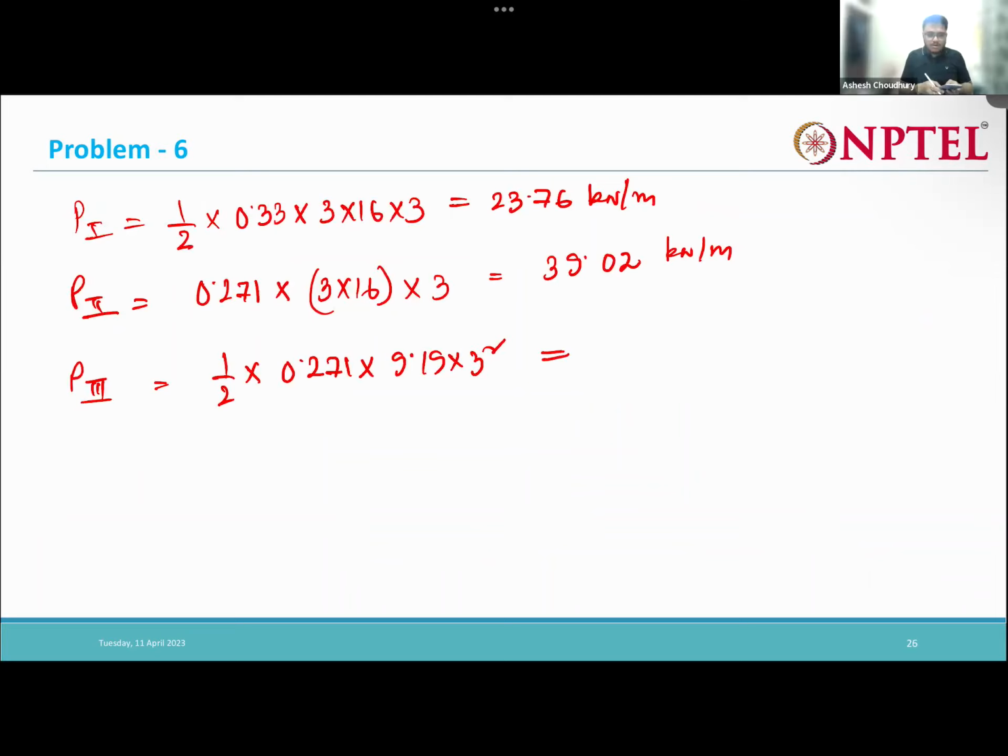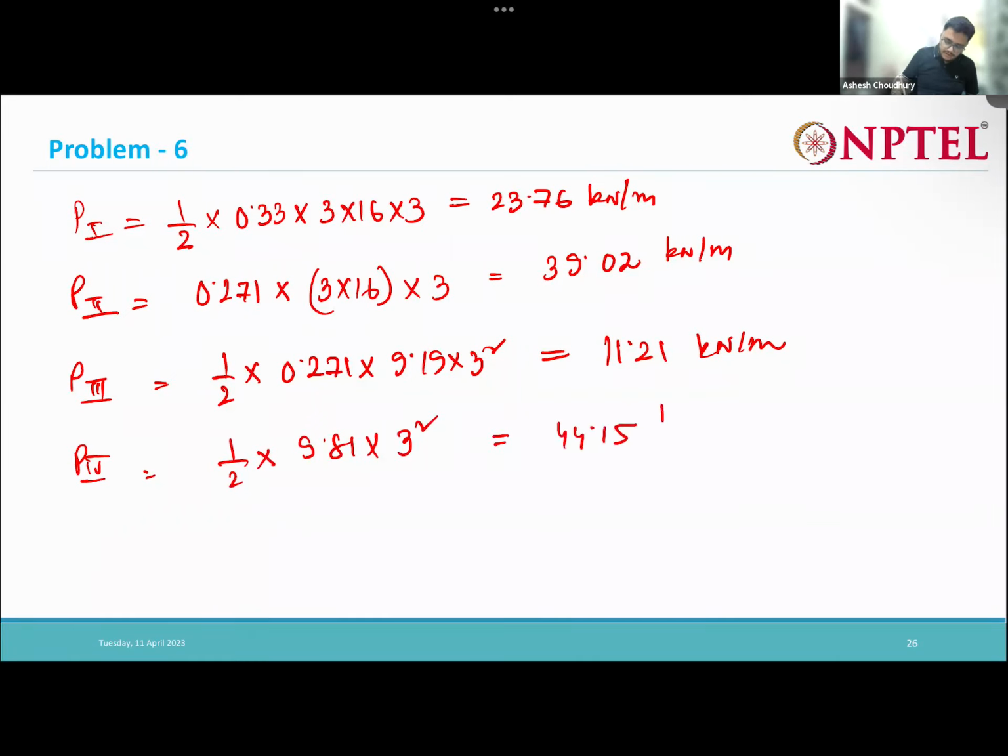How much is it? 0.5 into 0.27, that is 11.2 per meter. And at last, P4 is half into 9.81 into 3, which is 44.15. Right?